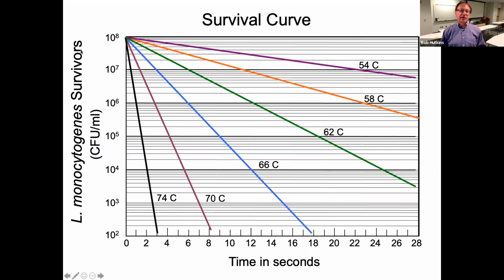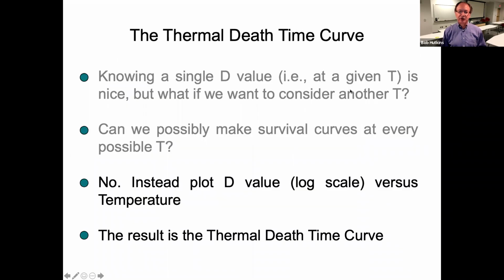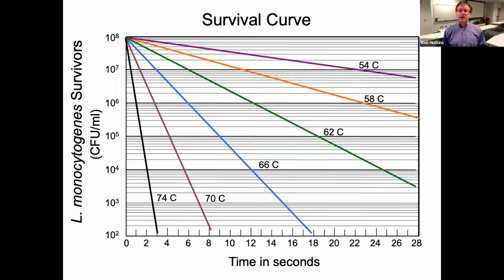So here is that Listeria problem. So here's Listeria, survival curve at 54, 58, 62, and we can certainly get those D values at all those different temperatures. Okay. And let's say you are working in a product development lab as the resident microbiology expert, and you're developing, I don't know, let's call it some sort of beverage product, and it has a particular pH, but your boss says our pasteurizer is set at a particular temperature, and that's what we want to process at.